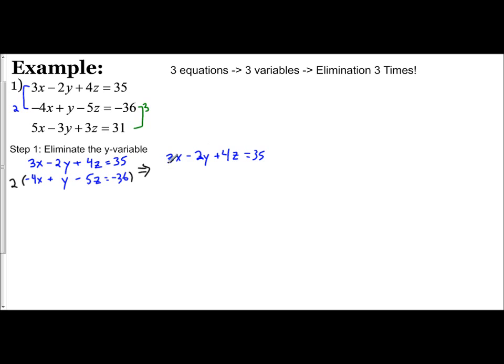So now, negative 8x, when you multiply by 2, positive 2y, and then minus 10z equals negative 72.